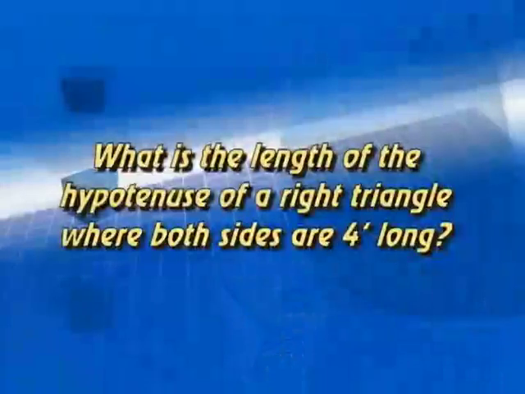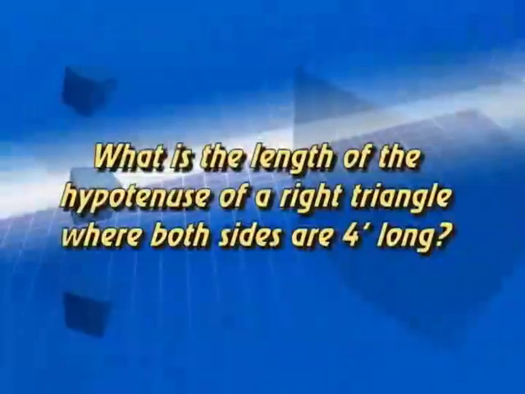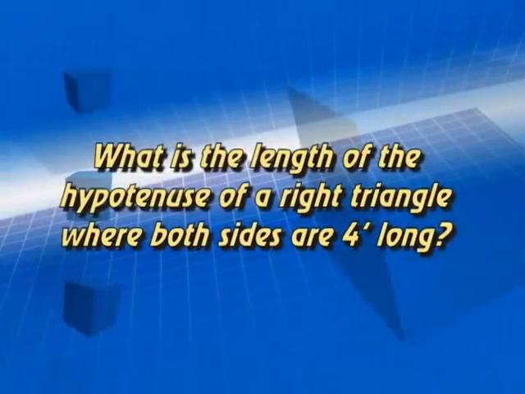Number 6. What is the length of the hypotenuse of a right triangle where both sides are 4 feet long? There are a number of ways to do this, but the most standard way is to use the Pythagorean theorem.